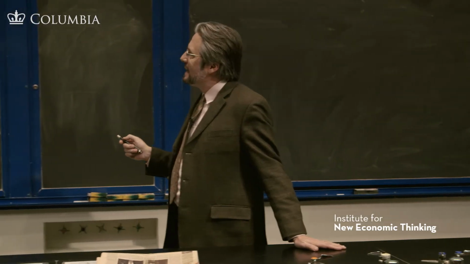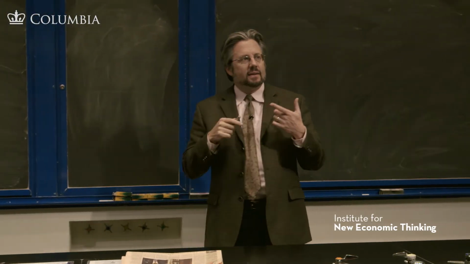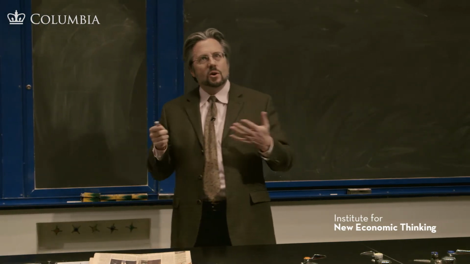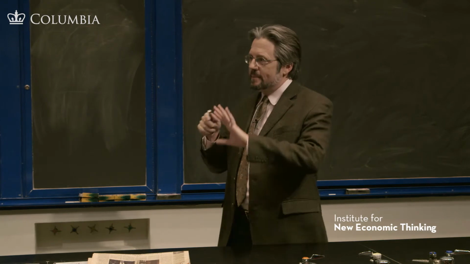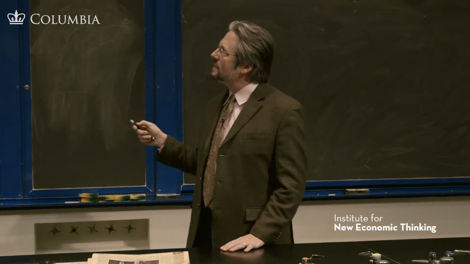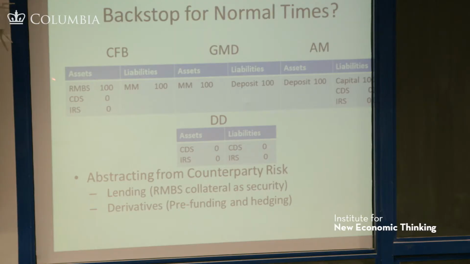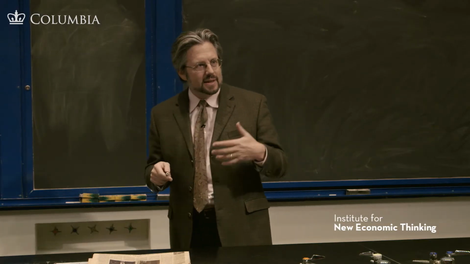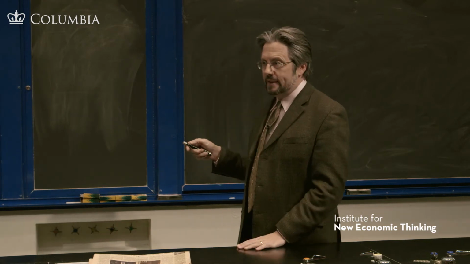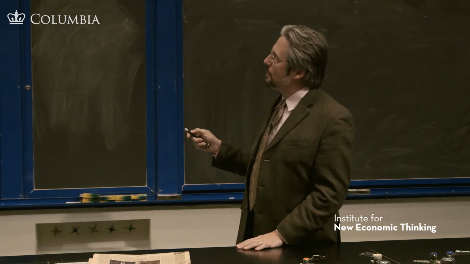So the way it's set up, the way I've set it up here, is number one, that there's no necessary counterparty risk here, okay? Because I'm abstracting from counterparty risk, that the Capital Funding Bank is hedging its exposures. It's not over hedging, it's not under hedging, it's exactly hedging. So it doesn't have any particular risk. So that is not a problem, okay?